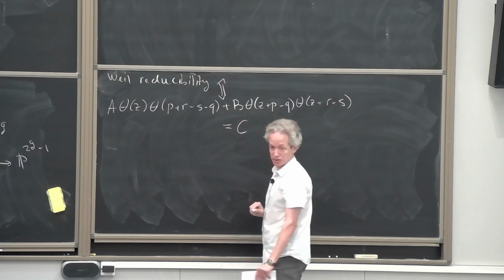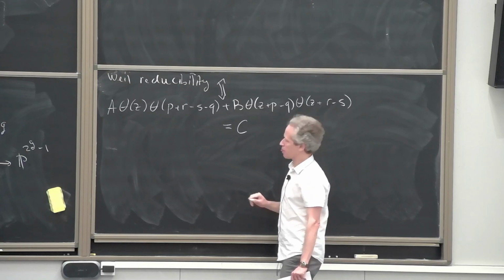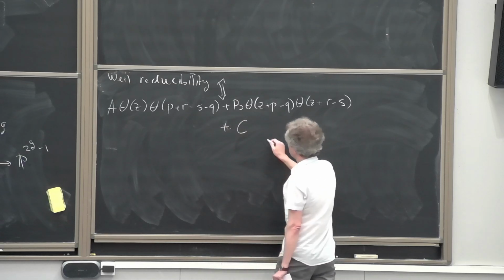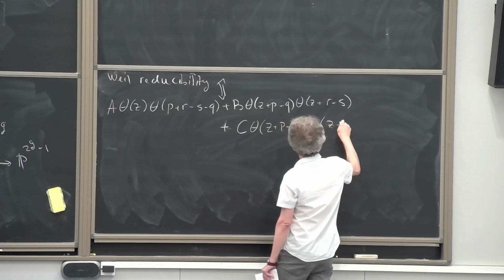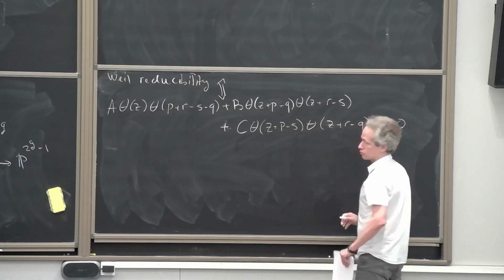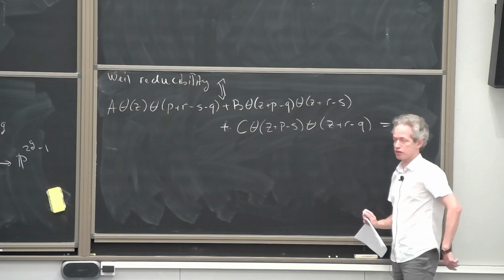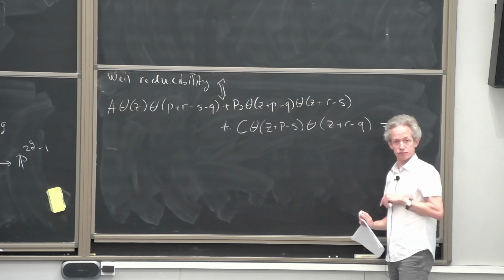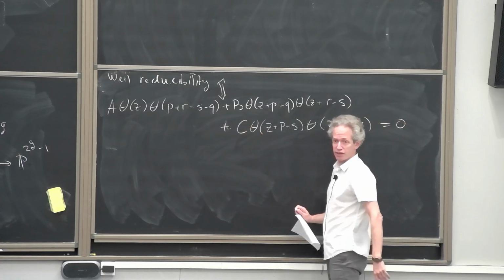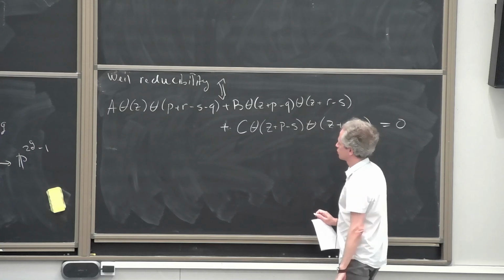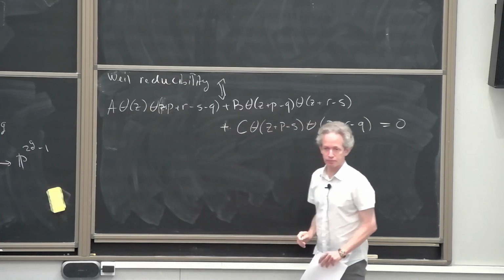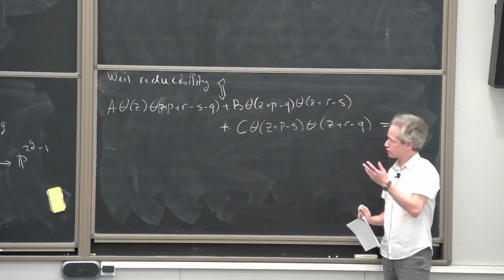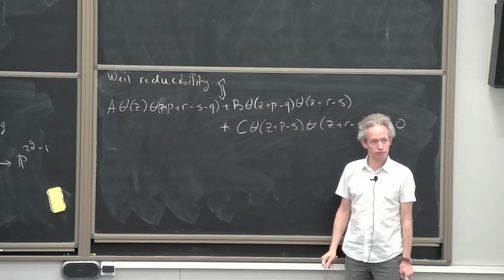Let me put a constant here, just so it looks prettier, and let me put a constant with a different sign here: theta(z + p - s) theta(z + r - q) = 0, right? That's the equation that I erased from this blackboard a while back, except I made it more symmetric. I put an extra constant here, which of course I can divide by. So it's the same equation, I just wrote it more symmetrically in some way.